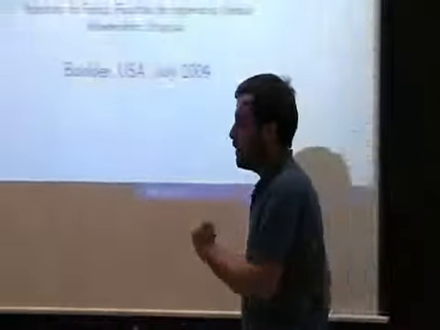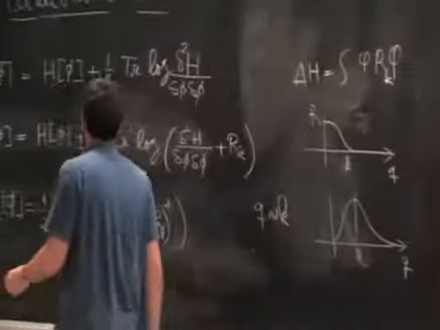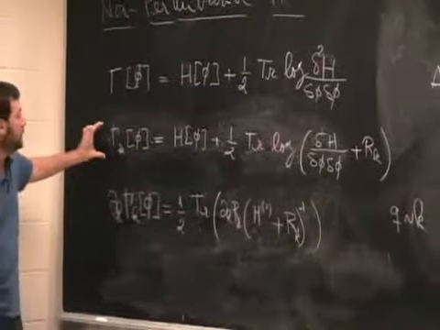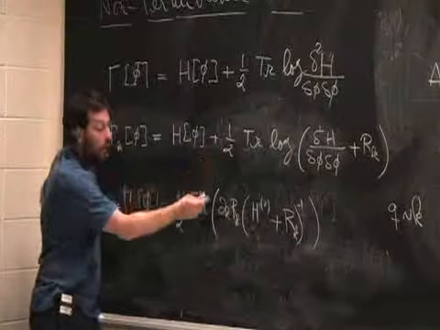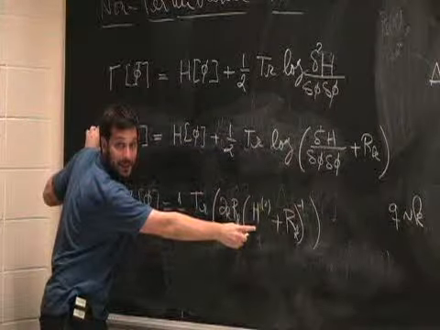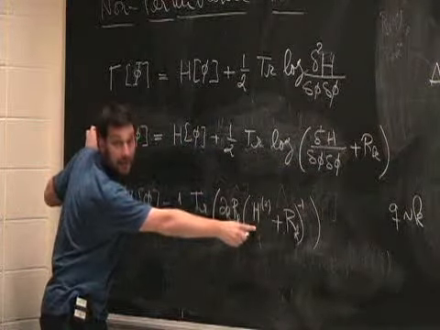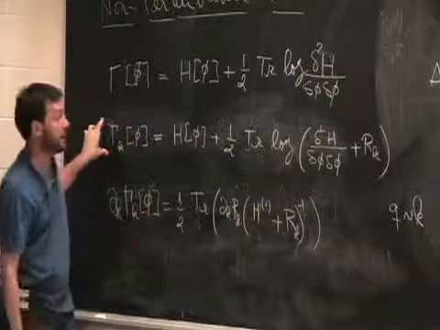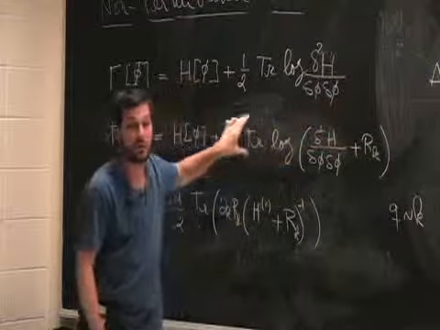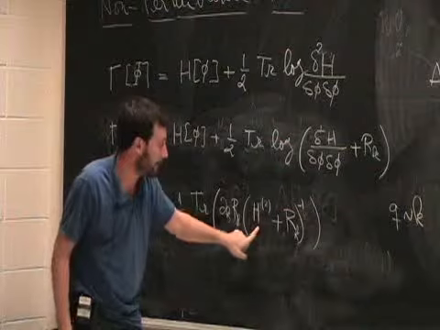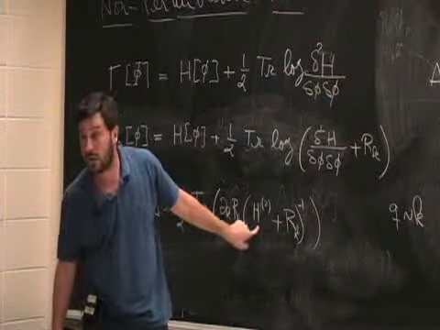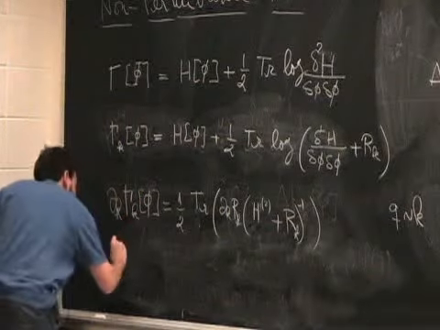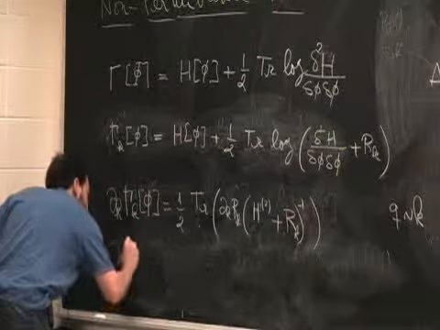But at one loop order we are happy, because at one loop order, you see, this is already a one loop expression. So here you can safely replace h by gamma, because the difference is a two loop contribution. Okay, so at one loop order I can write this equation.